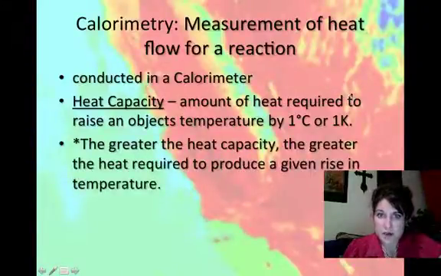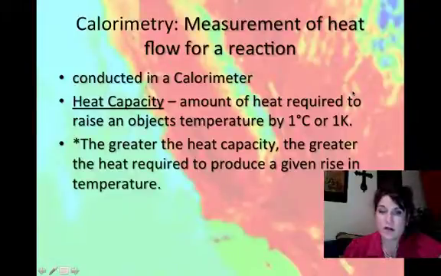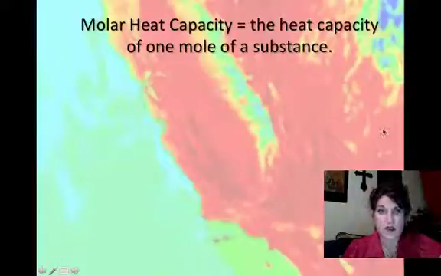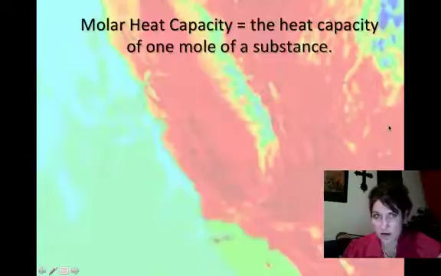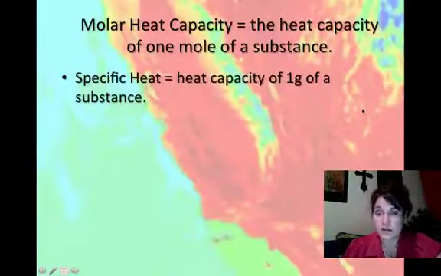So the greater the heat capacity, then the greater the heat energy that would be required to produce the same rise in temperature. So let's use a comparison that would be fair. Right? The molar heat capacity would describe the heat capacity of a mole of a substance. That way we're always talking about the same amount and we would have a more fair comparison.